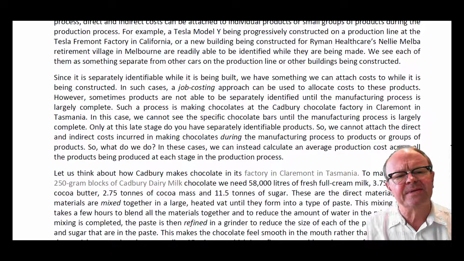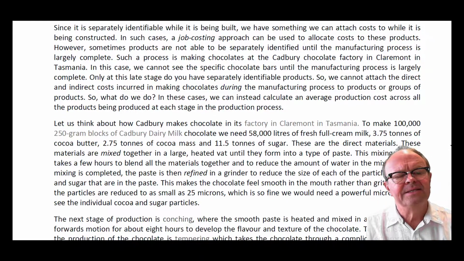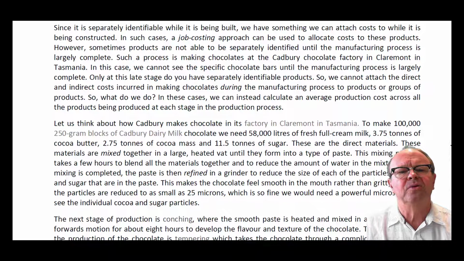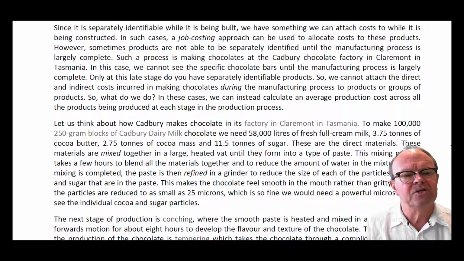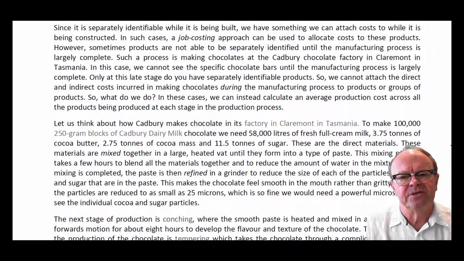We see each of them as something separate from other cars on the production line or other buildings being constructed. Since it is separately identifiable while it is being built, we have something we can attach costs to while it is being constructed. In such cases, a job costing approach can be used to allocate costs to these products.